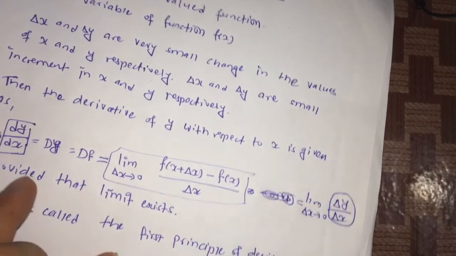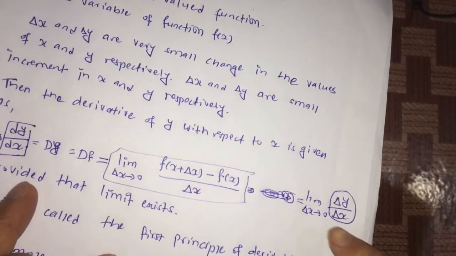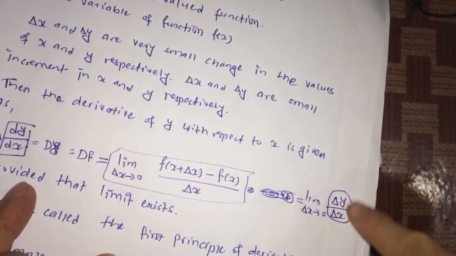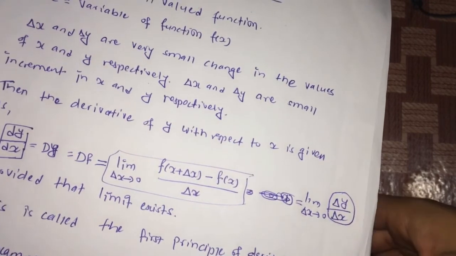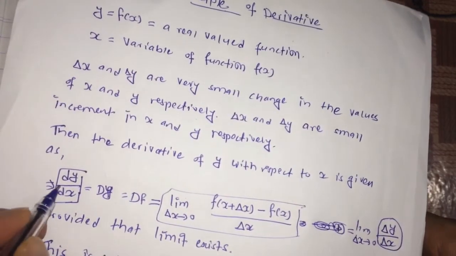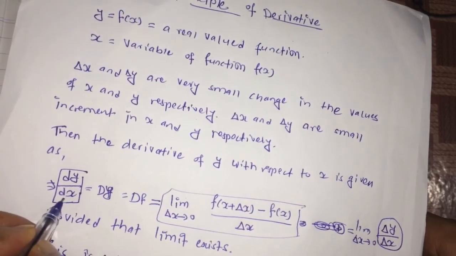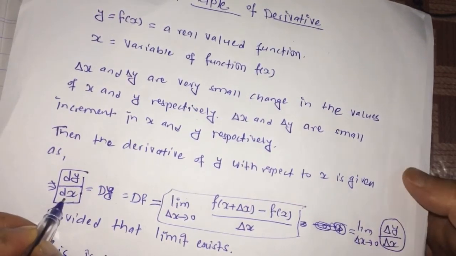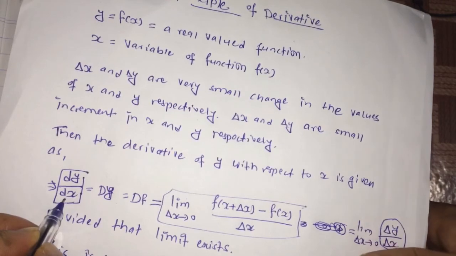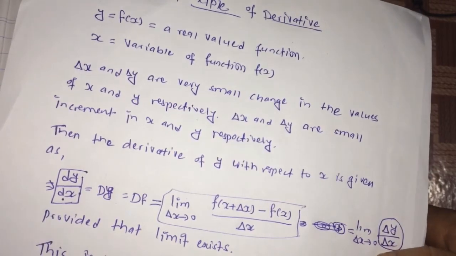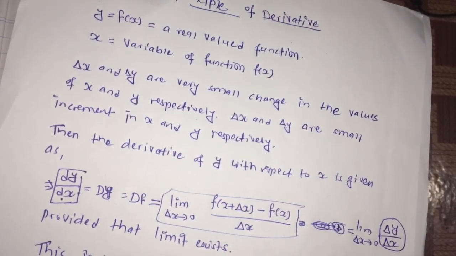So the derivative is nothing but the limiting value of this incremental ratio. This value, del y by del x under the limit del x tends to 0, is called the derivative of the function y with respect to its variable x.